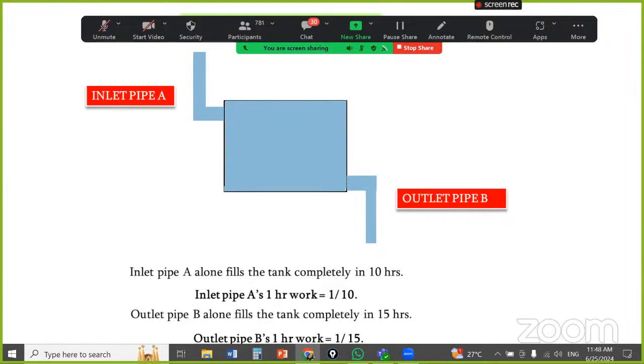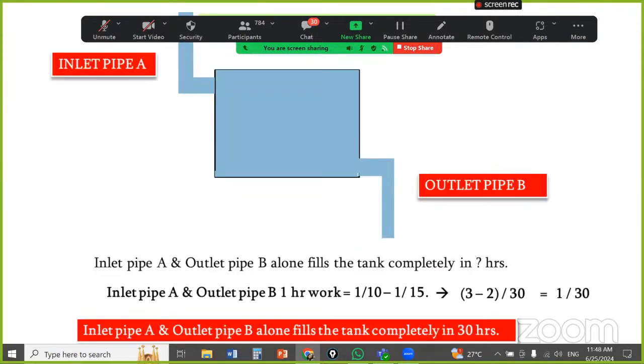Whenever the water goes outside, it will be a negative one. The remaining things are same as we did in our time and work concept. So we get that 1/30. So it takes 30 hours to complete. If water is coming in one pipe and the water is going outside through other pipe, it takes nearly 30 hours to completely fill the tank.